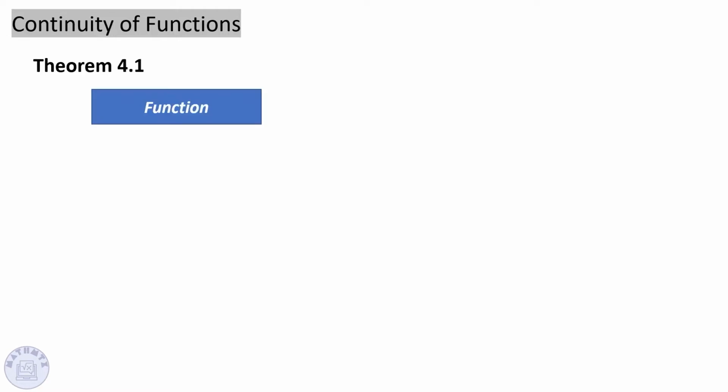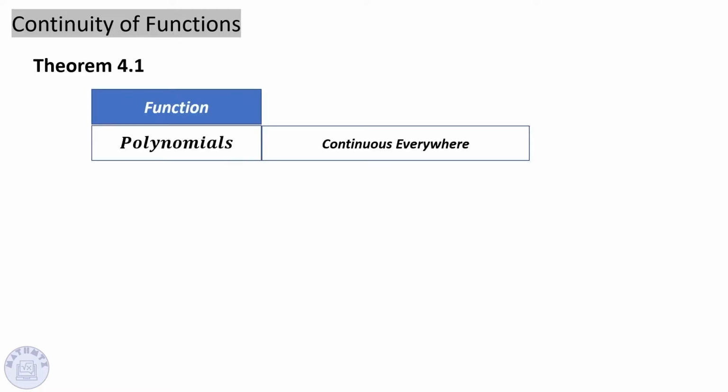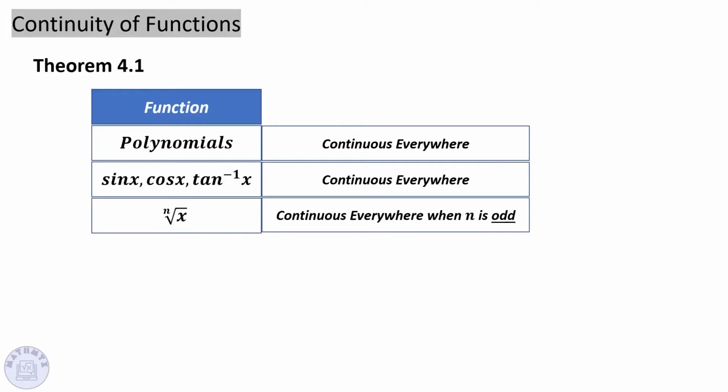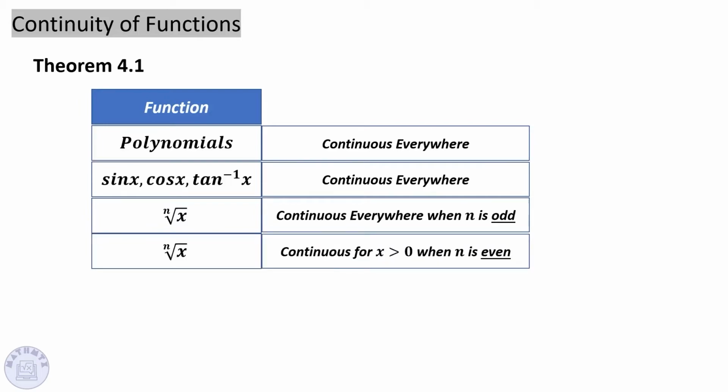So let's talk about continuity of functions. Theorem 4.1 says that polynomials are continuous everywhere. Sine, cosine, tan inverse are also continuous everywhere. The radical of x to an odd power is continuous everywhere. But if it's even, then it's continuous for all x larger than 0, so for positive values.